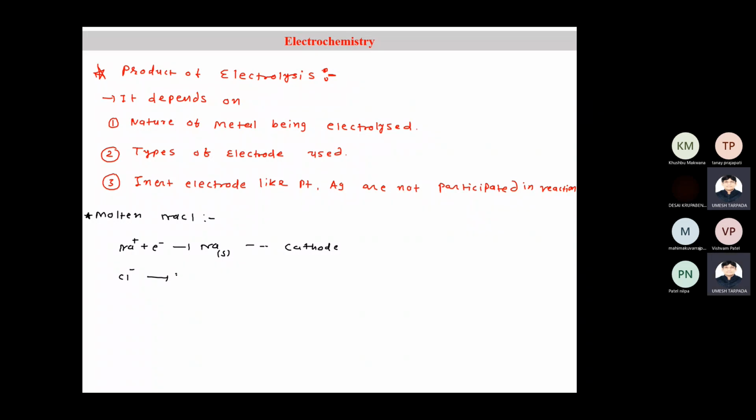It is in molecular form, so it is written as Cl2, losing one electron to balance the charge on both sides. This takes place at the anode. The oxidation state increases from minus one to zero, so it is oxidation. At the cathode it decreases from plus one to zero, so it is reduction.